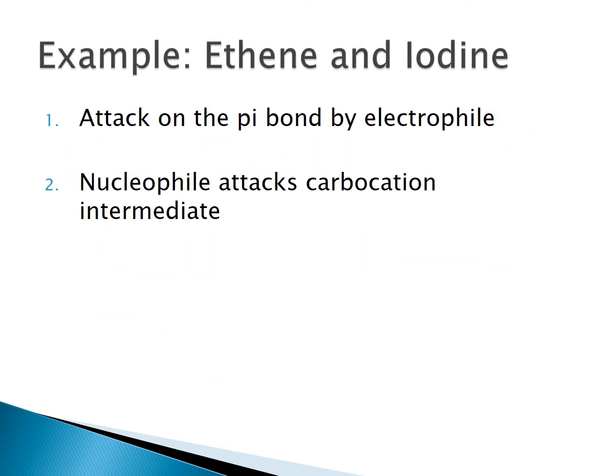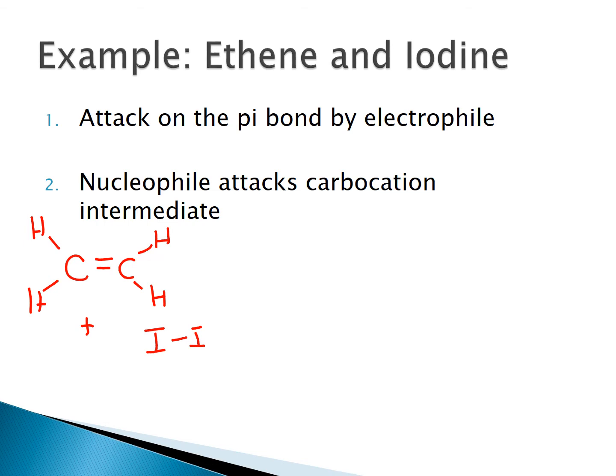Okay, so let's look at the reaction of ethene and iodine. Okay, so let's draw our molecule. So here's our ethene, and we're going to react it with iodine. Now, the first step is that the electrophile is going to attack the pi bond. Okay, so our electrophile in this case is iodine.